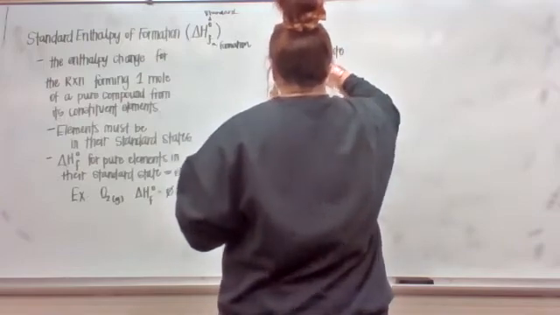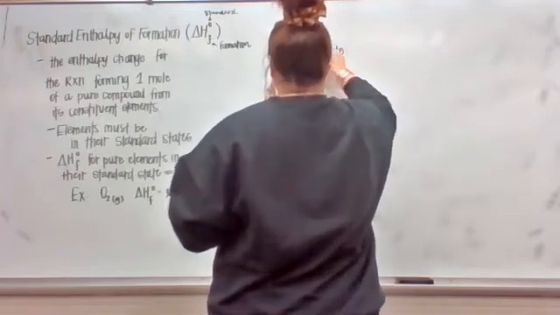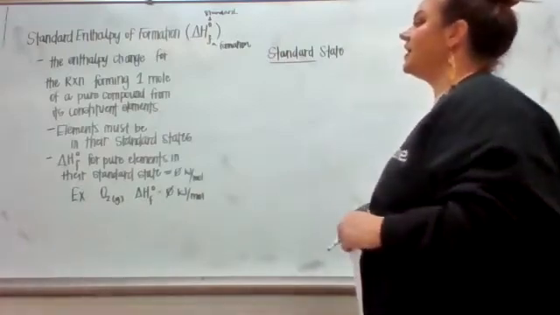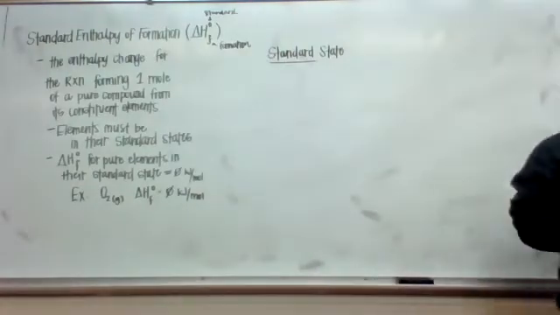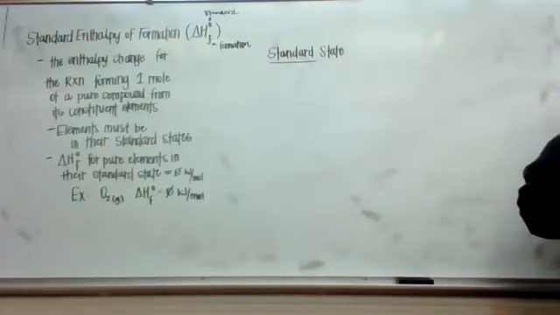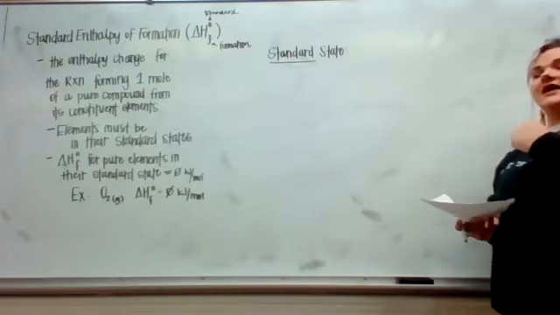So chemists have defined a set of standards to measure everybody's enthalpy on, okay? They follow this standard set of conditions, and over the years, they've compiled a large list of delta H of formations.